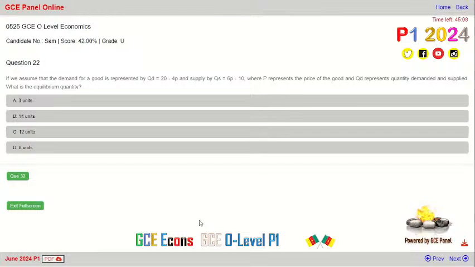So when you equate those two, we are going to have 20 minus 4P equal to 4P minus 10. When you bring like terms together, you are going to have 8P equal to, all right, let me see, that's 30.